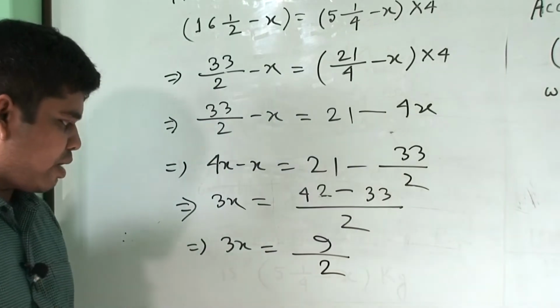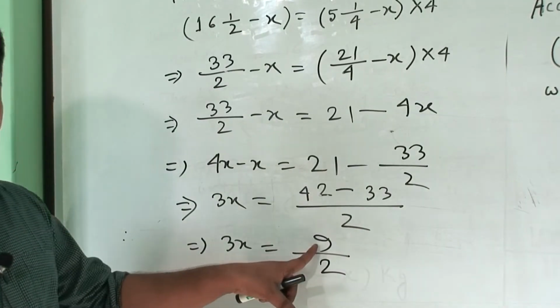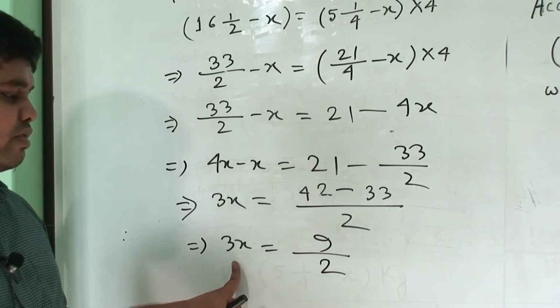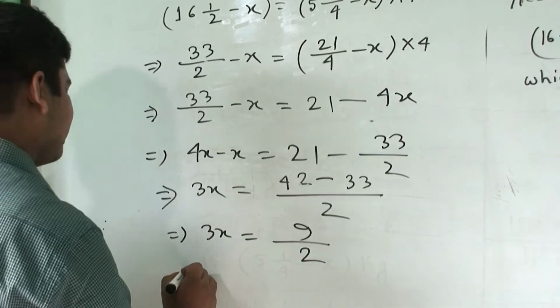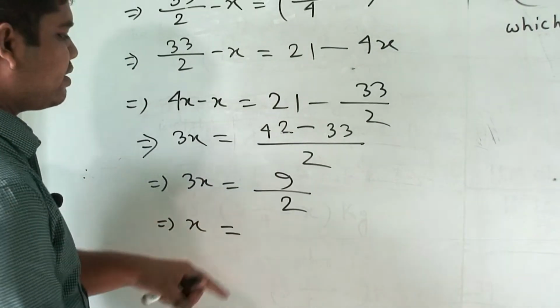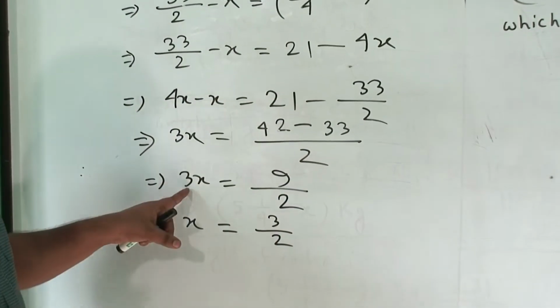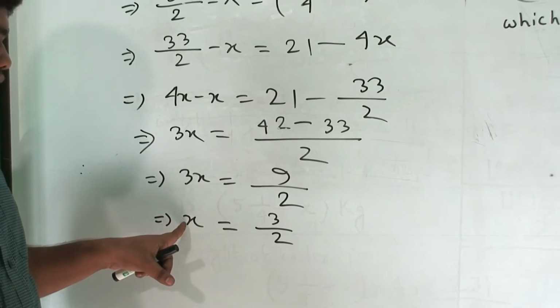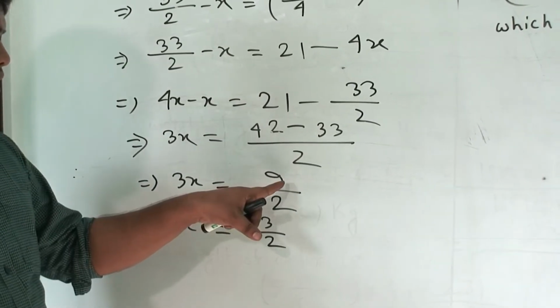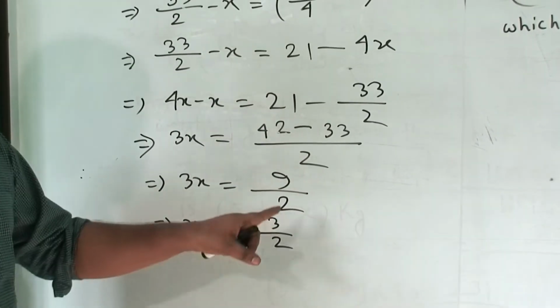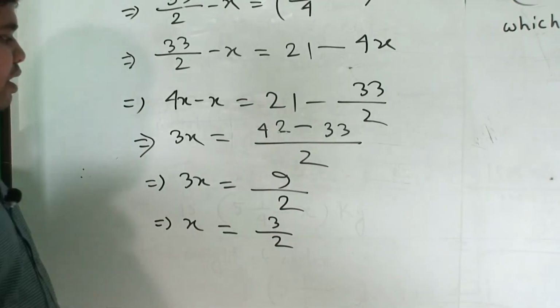My dear students, now you notice here 3x, here 9 by 2. If I divide both sides by 3, then we get here x and here 3 by 2. I hope you have understood. That means if we divide 3x by 3, then I get 1x, that means x. If I divide this 9 by 3, then we get 3. This 3 and this 2 is here. Now why?